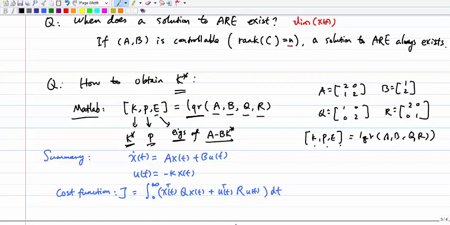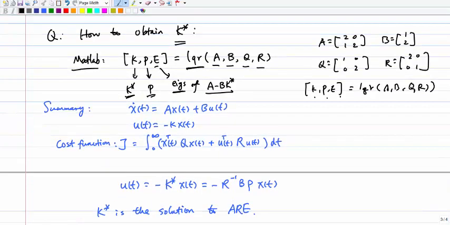As a summary, I talked about a linear time invariant system with a regulation problem, and the cost function is given by J, which is the integral from 0 to infinity of x(t) transpose Q x(t) plus u(t) transpose R u(t) dt.